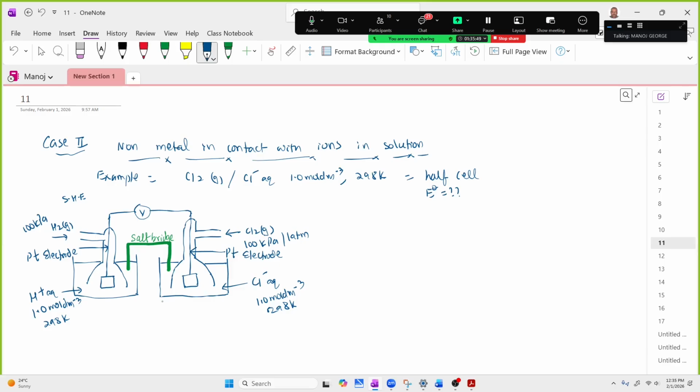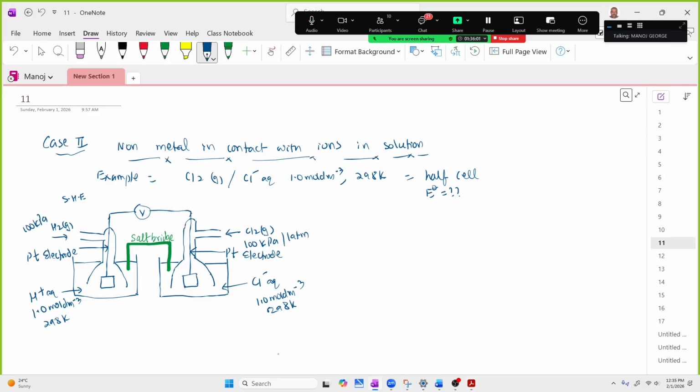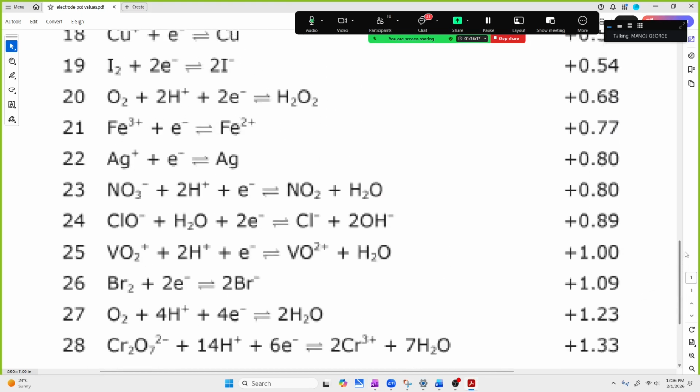Okay, so let me write down the equation from the data sheet. I don't have to memorize any equation. All I have to do is look at that equation. The chlorine equation is Cl2 plus 2 electrons gives 2Cl minus, and the E standard mentioned is a positive 1.36 V. I'm just going to copy that. And for the SHE, once again, I don't have to memorize the equation.